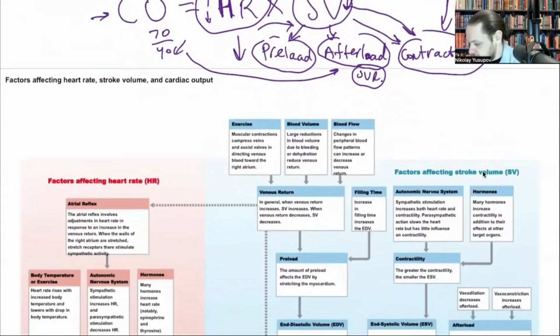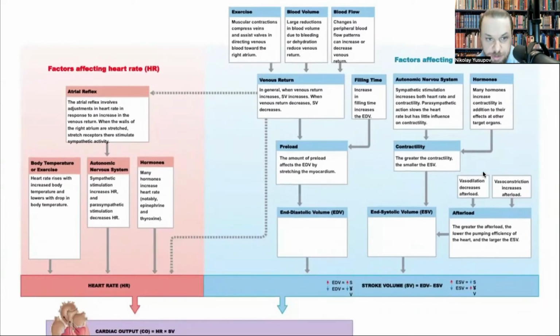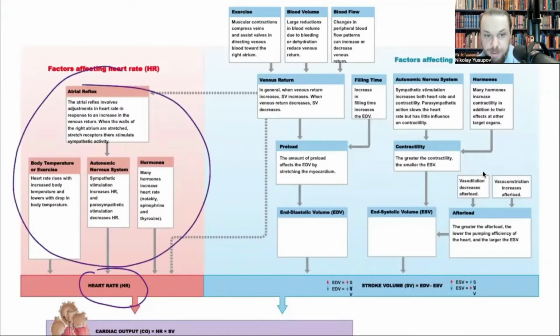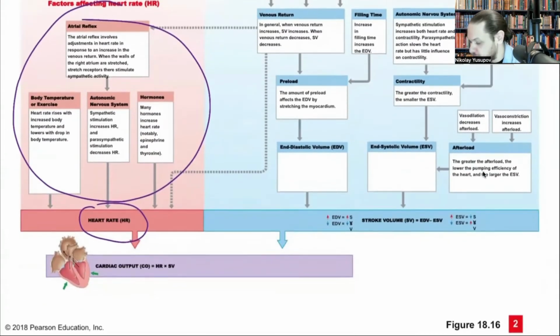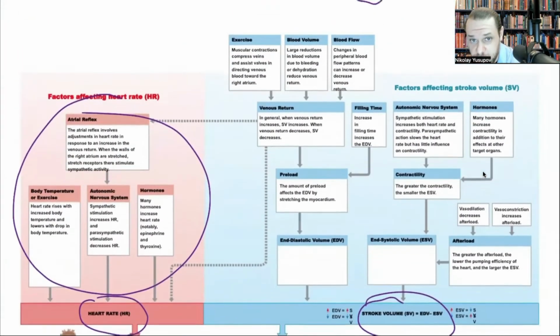All right. This slide was basically everything I just explained to you. So heart rate in this formula is governed by your autonomic nervous system, and this part, the stroke volume, is governed by the factors that I just explained to you.